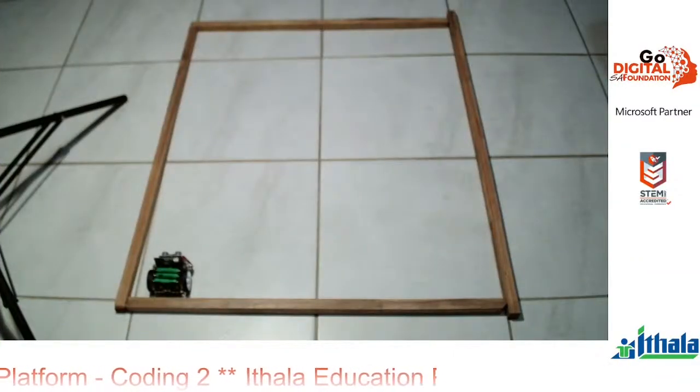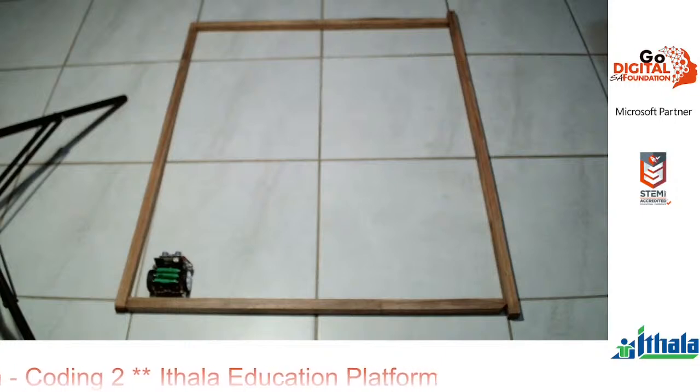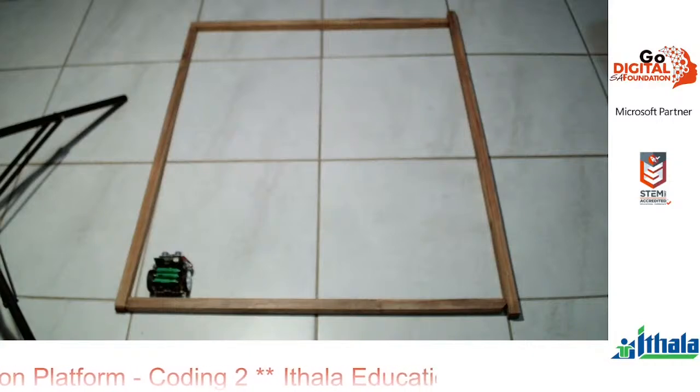Okay, so now it's on the floor and I've made a ring around it. So we expect that when it approaches any of the sides here, any of the pieces of wood, then when it's within 10 centimeters, it will turn to the right.